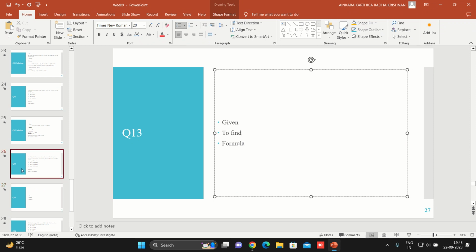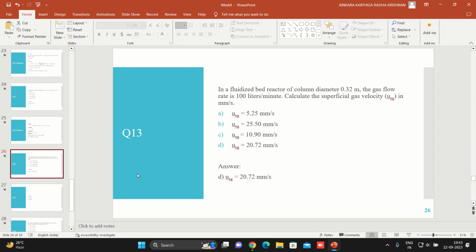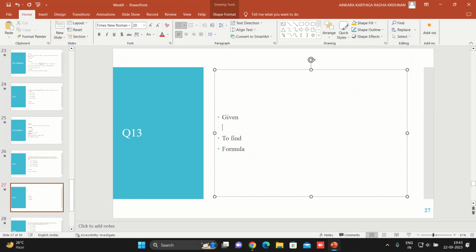So what is given? Diameter of the column and flow rate. Q naught is equal to 100 liters per minute, and the column diameter is 0.32 meter. What do we need to find?